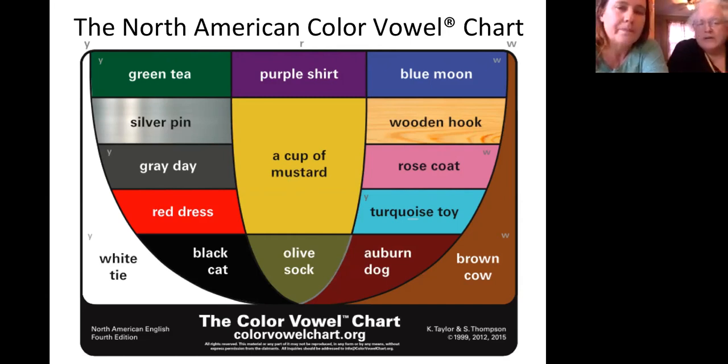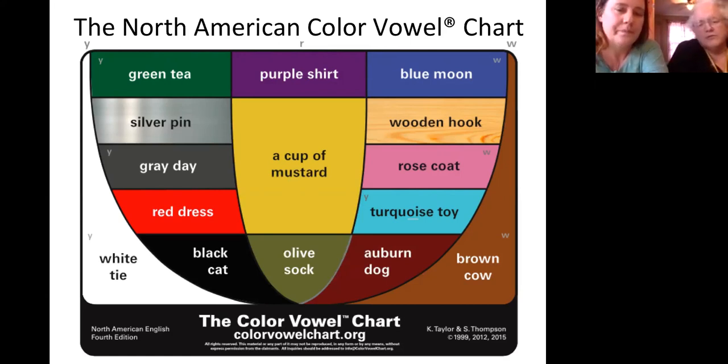And the color vowel organizer is important for the students, because when they're taking their homework home and practicing the word, what is the most important for comprehensibility, for the listener to understand them, is that they get the stress in the right place, and that the stressed syllable is the correct vowel.